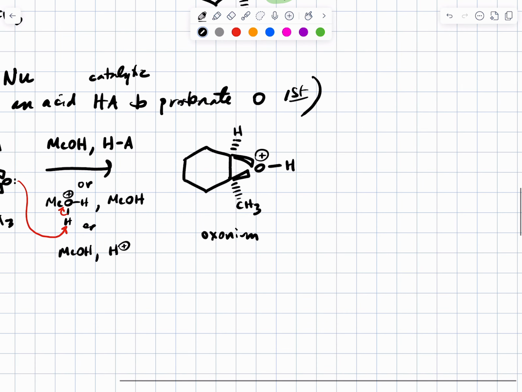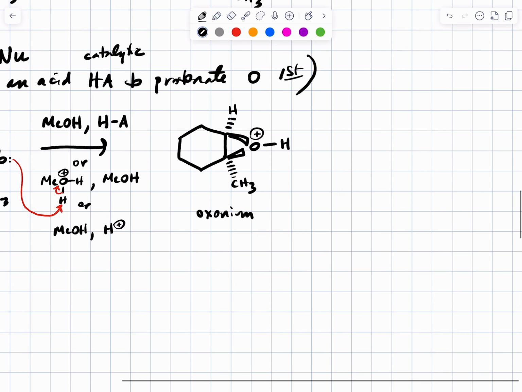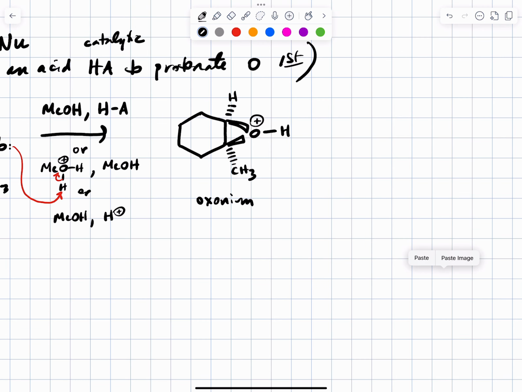Okay, now what happens next, you're going to love, because actually you're going to hate, because the mechanism is an SN1-like SN2 reaction. What does that even mean?